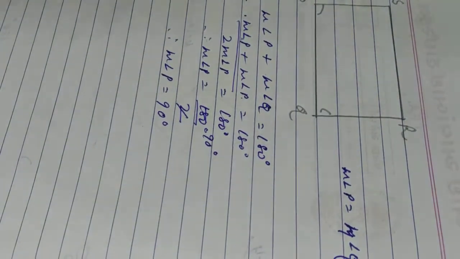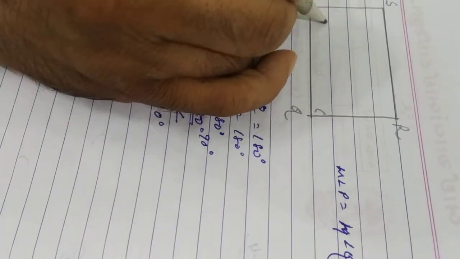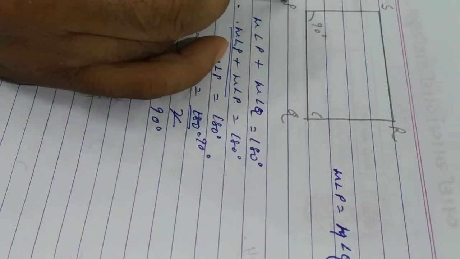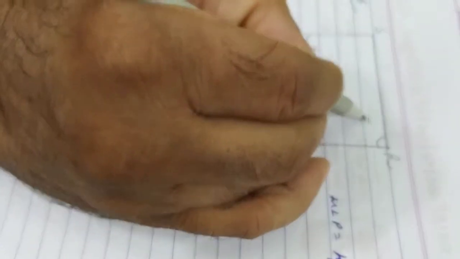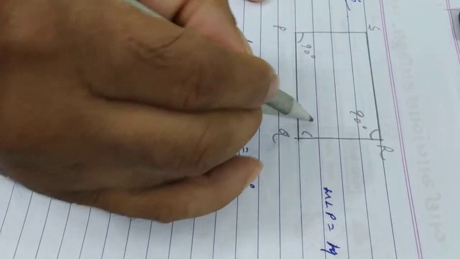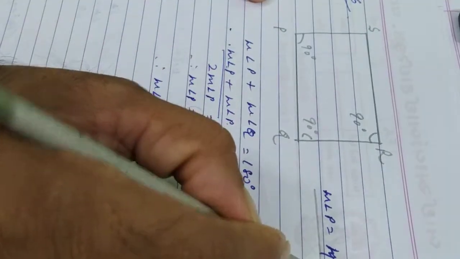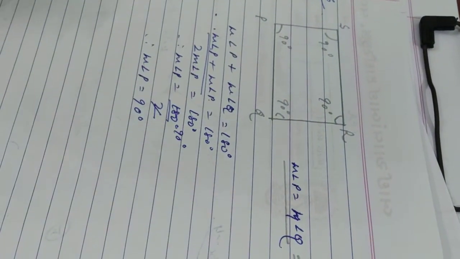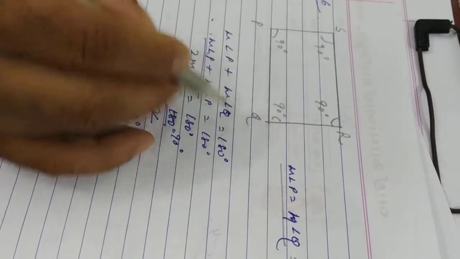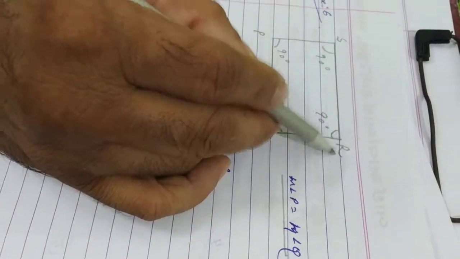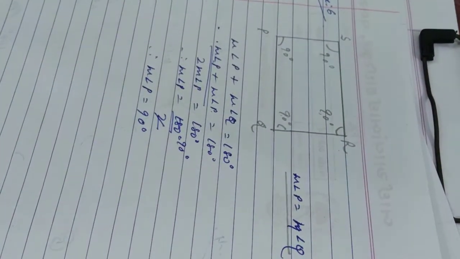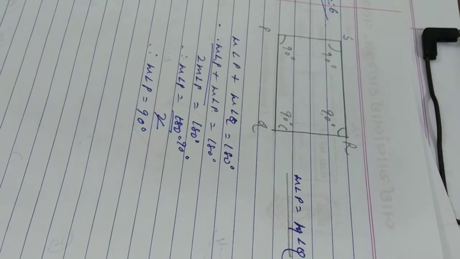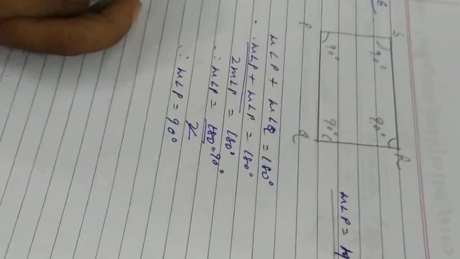Got it? So the measurement of one angle is 90 degree. P is equal to 90, so R is equal to 90 degree. Q is equal to 90 degree because P and Q are similar, so S is equal to 90 degree. So we can say angle P, Q, R and S are each equal to 90 degree. Got it?